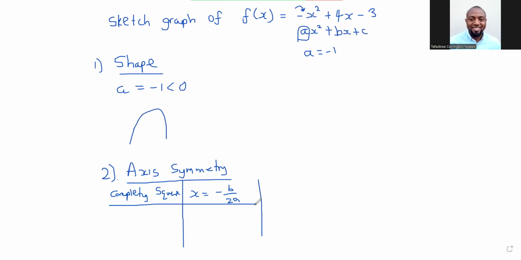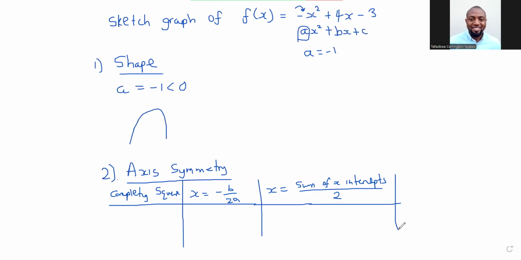Let me just add another method: x is equal to the sum of x-intercepts over 2. This is going to be the bonus method that I'm going to teach you in this lesson.